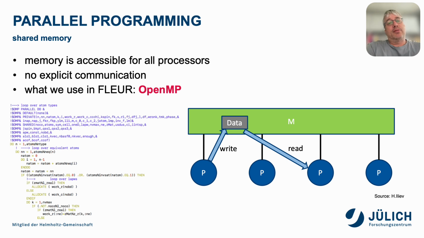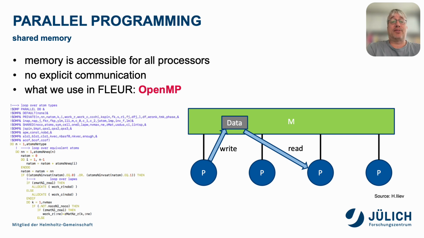So the main two parallel programming frameworks we use are, on the one hand, OpenMP, which we discuss here, and MPI on the next slide. OpenMP we use for so-called shared memory parallel programming. So that's what we have when we stay on a single node.